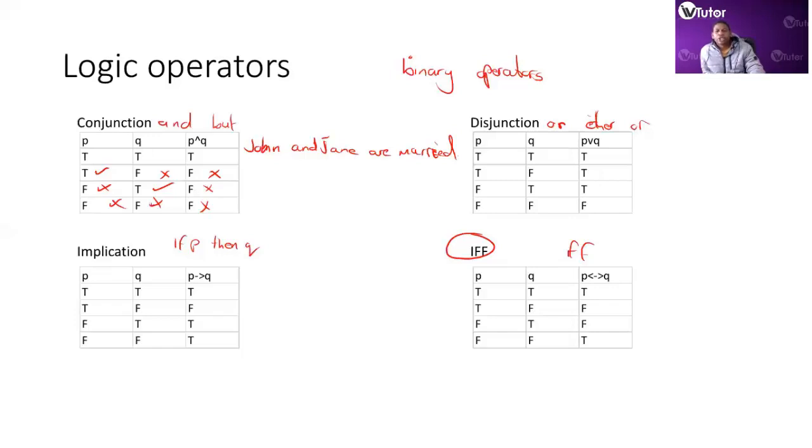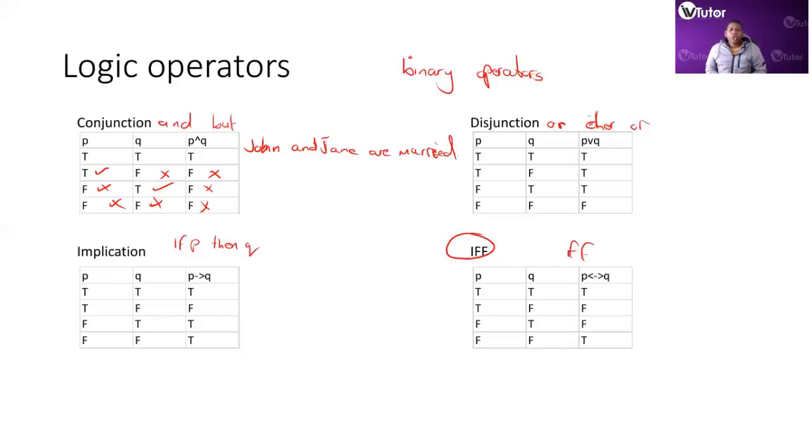All right. So in logic, we have interpretations that differ from English. Just think about what the statement John and Jane are married means. Does it mean John is married to Jane? Are they married to separate people? What would be your interpretation of this statement?